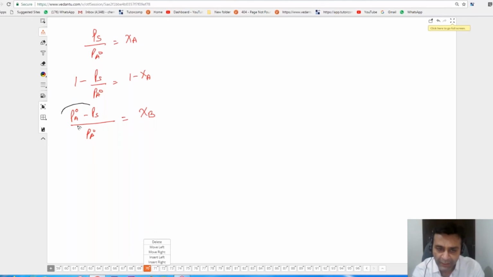Now, what is this value? Very important here. PA naught minus PS. What does it indicate here? What is PA naught minus PS? Can you tell me what is PA naught here? Vapor pressure of the pure solvent, right?